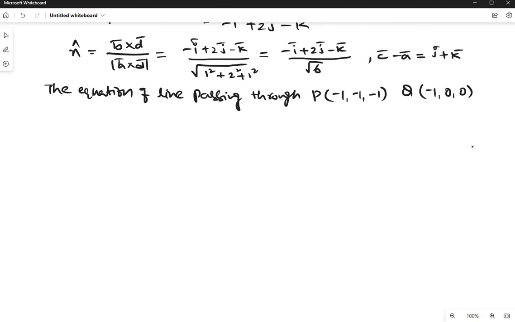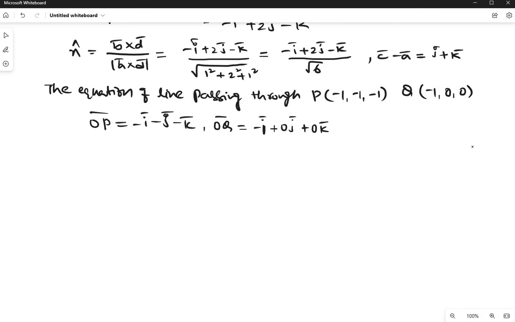So OP bar is equal to minus i bar minus j bar minus k bar, and OQ bar is equal to minus i bar plus 0j bar plus 0k bar.